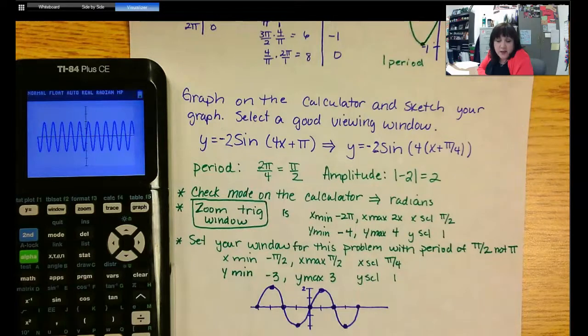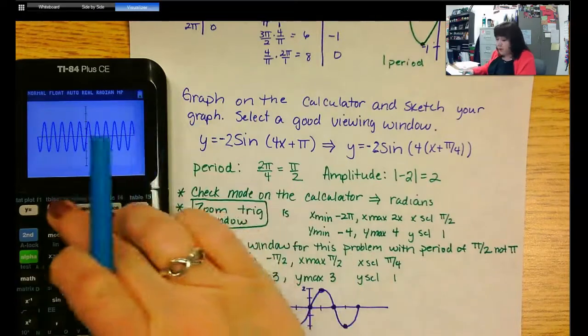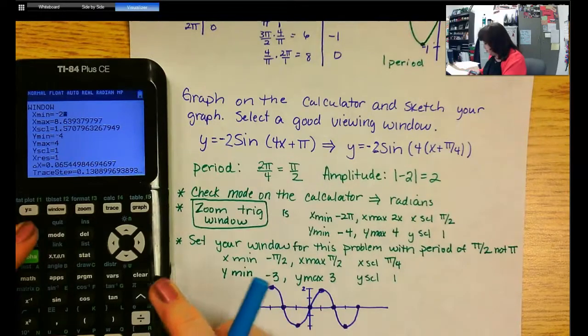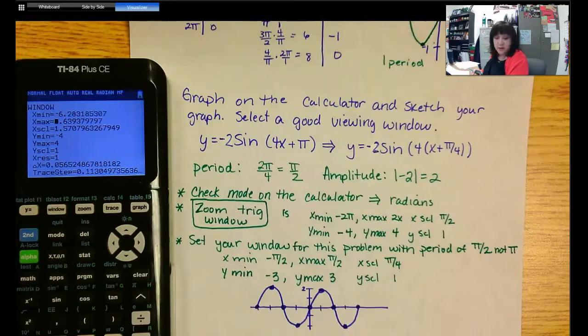Do I know what that means? Do I know what those numbers are? Look at your window to help you decide. If I want to think about this, you want to control the graph. I know my x-axis goes this way, so let's go from negative 2 pi to 2 pi. My x-min, the farthest to the left, is going to be negative 2 pi, and the positive one's going to be 2 pi.